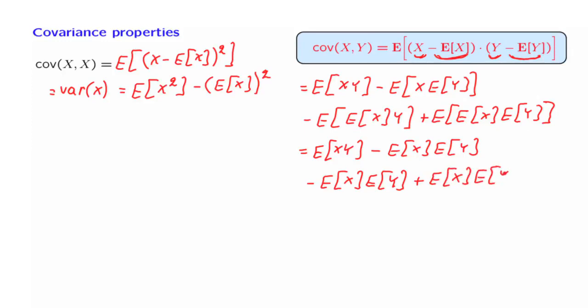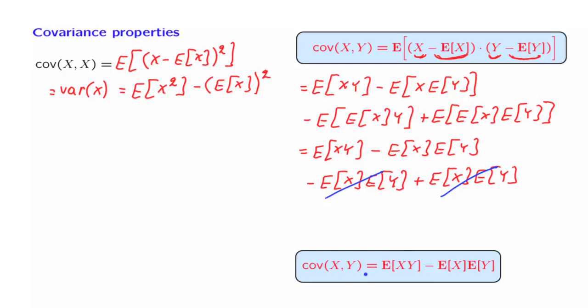We recognize here that the same term gets repeated 3 times, and because here we have a minus sign, we can cancel this term with that term. And what we're left with is just the difference of these two terms, and this is an alternative form for the covariance of two random variables. And this form is often easier to work with to calculate covariances compared with the original definition.